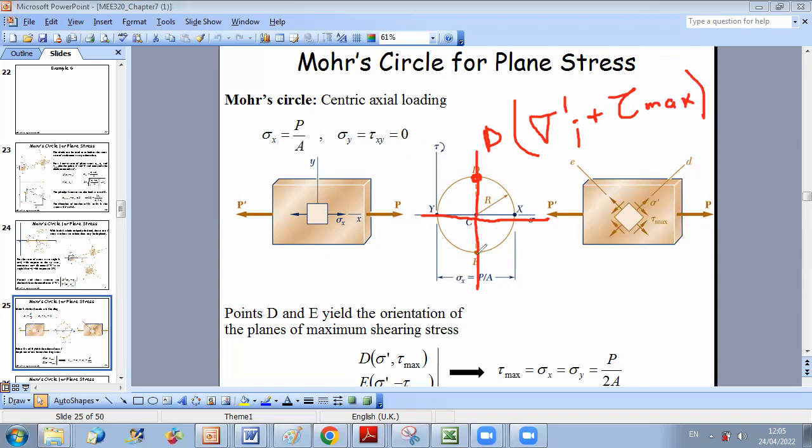And this point E will represent coordinates sigma prime minus tau max. And if you want to represent these axes on your figure, this is my x-axis. This is my y-axis.